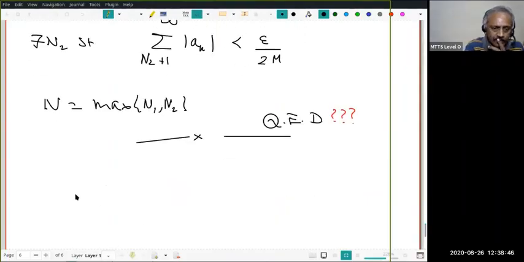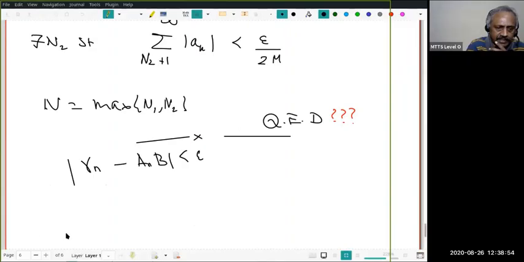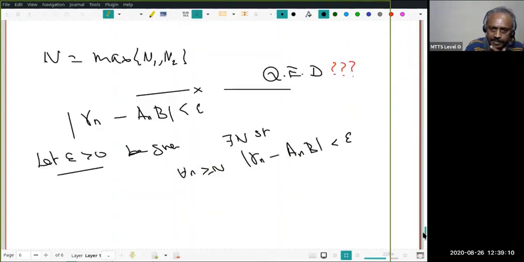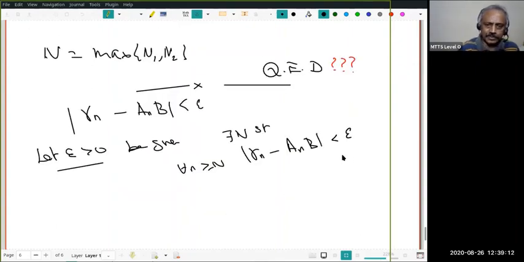What do I want to show? I want to show mod gamma n minus AB is less than epsilon. So let epsilon be given. Okay. Then I want to say there is a capital N, so that for all n greater than or equal to capital N, mod gamma n minus AB is less than epsilon. Okay, if you want AB, again I have to do epsilon by 2 plus epsilon by 2.